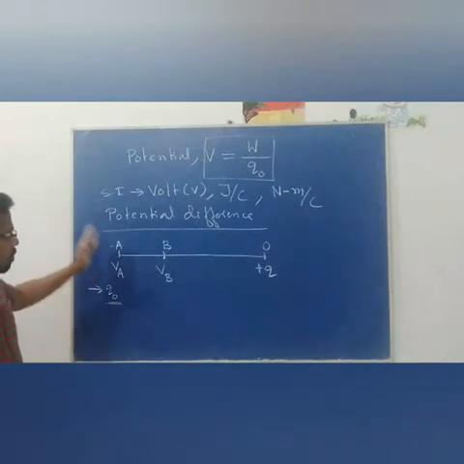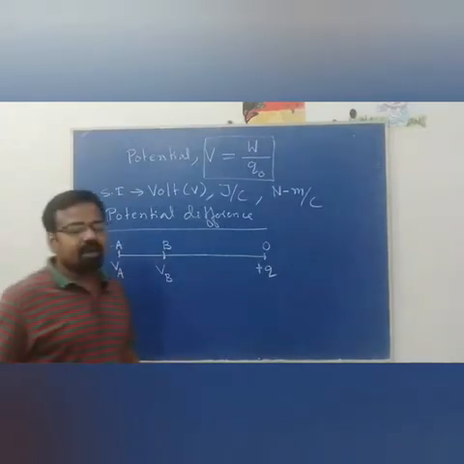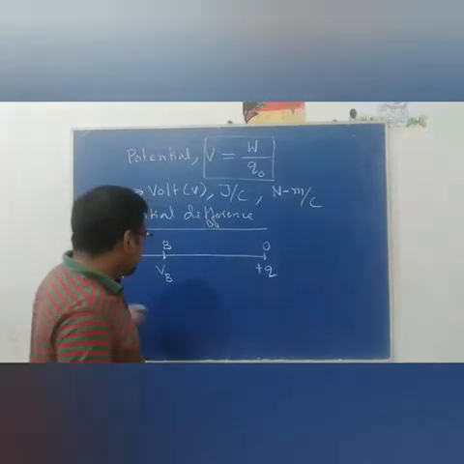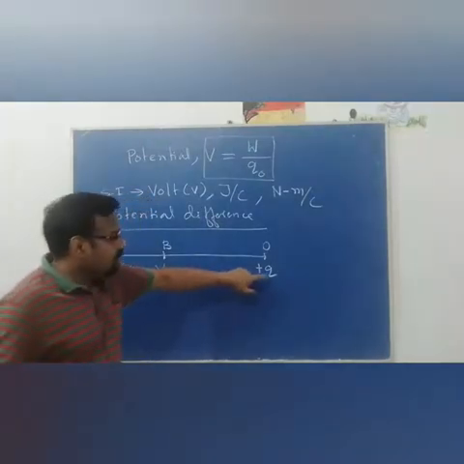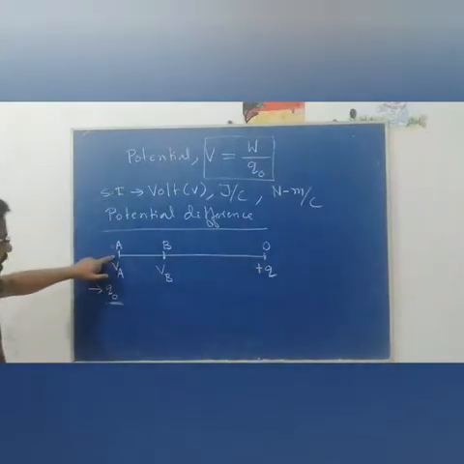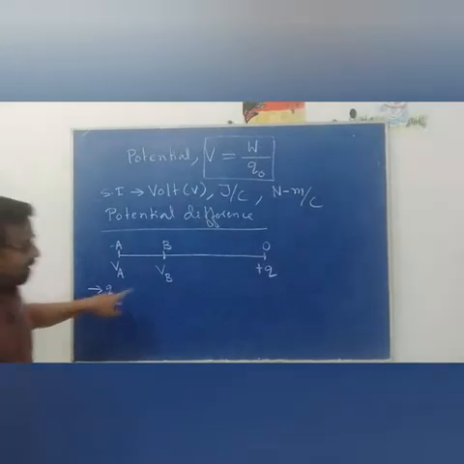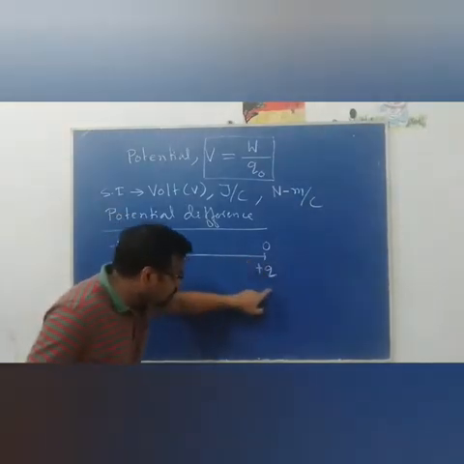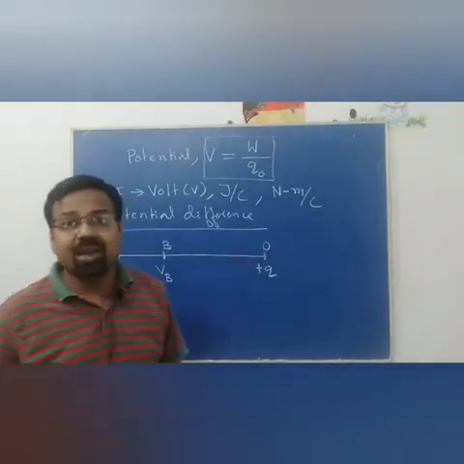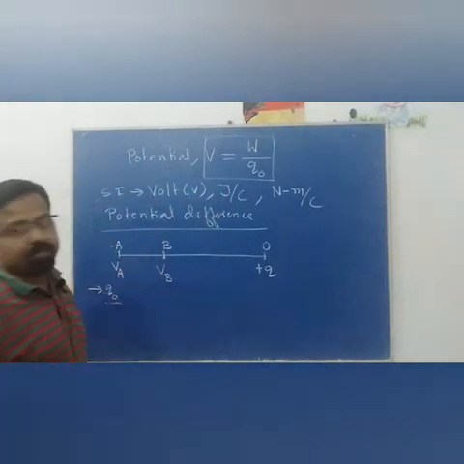Now to work from A to B upon this test charge, we have to exert external force against the electrostatic force due to source charge. The work we did from A to B upon this test charge against the electrostatic force due to source charge is known as potential difference between points A and B.